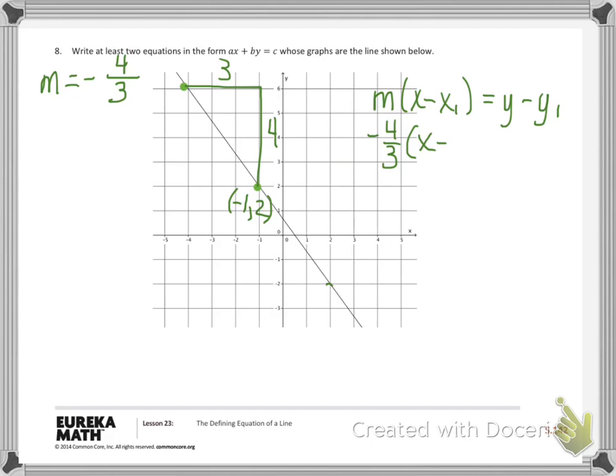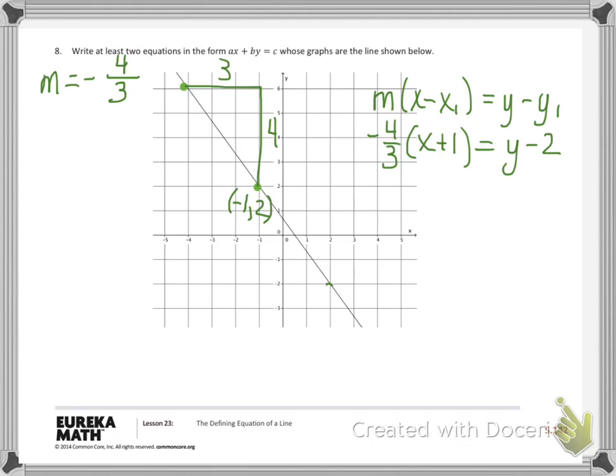So that's going to be minus a -1 is +1. And that's equal to y minus the y1 coordinate, which is 2. Okay, so I've got -4/3 times x plus 1 equals y minus 2.